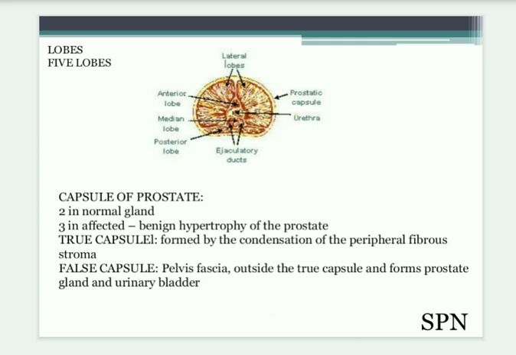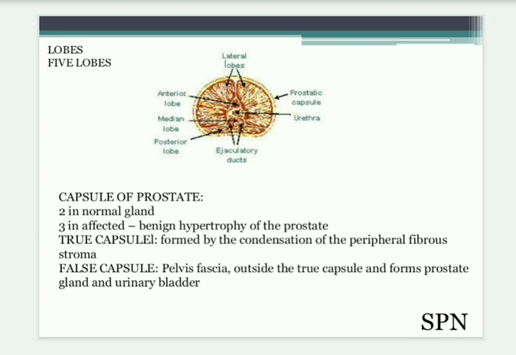Next, the capsules of the prostate. There are 2 capsules normally, and 3 if the gland is affected by benign hypertrophy of the prostate. It has a true capsule and a false capsule.